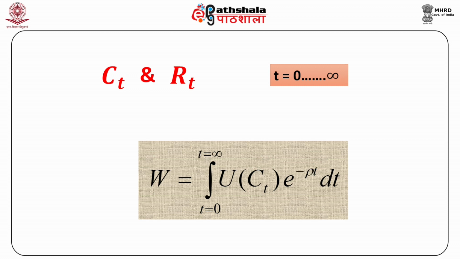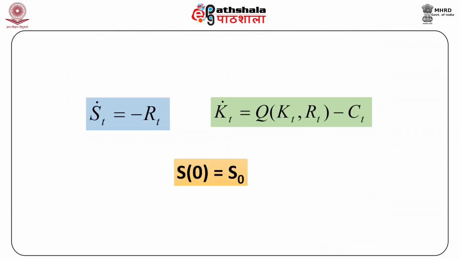Select values for the choice variables C_t and R_t for t = 0 to infinity to maximize W = ∫ U(C_t) e^(−ρt) dt, where t goes from 0 to infinity, subject to S dot_t = −R_t, and K dot_t = Q(K_t, R_t) − C_t, with S_0 = S-naught fixed.